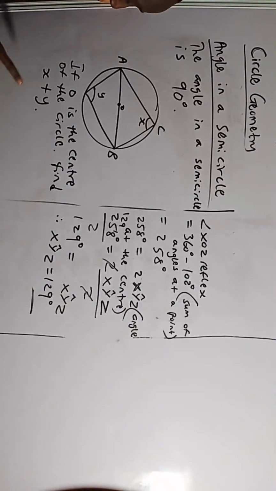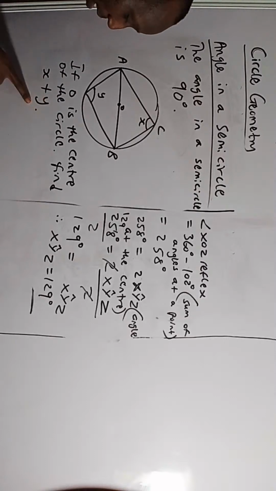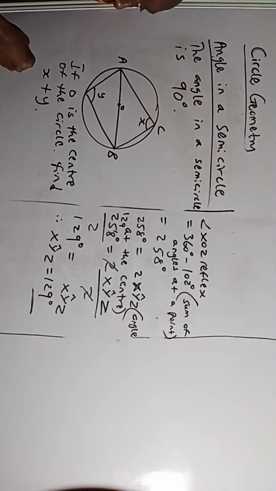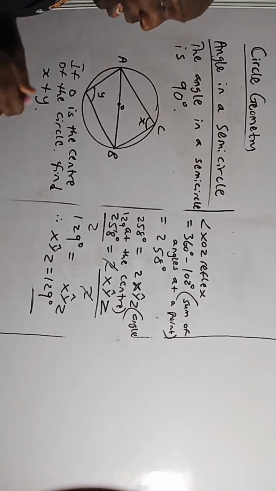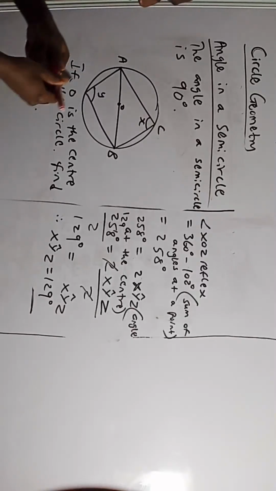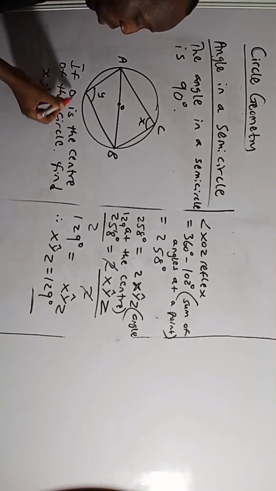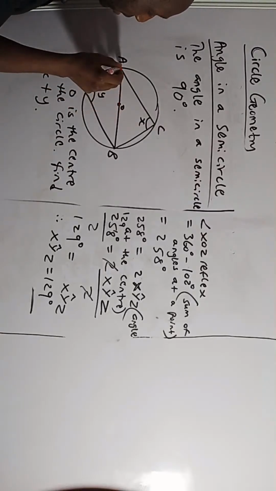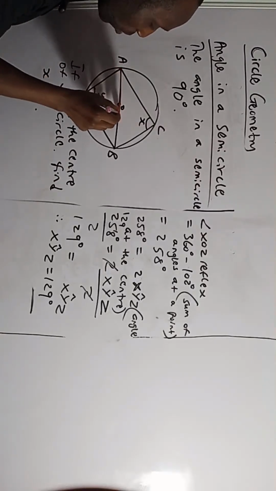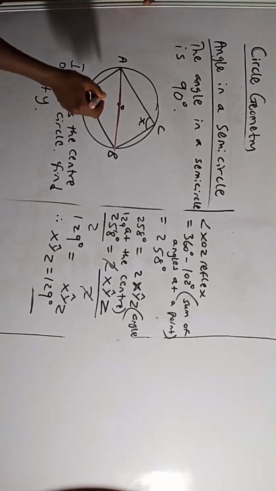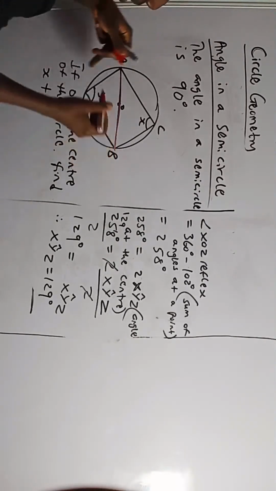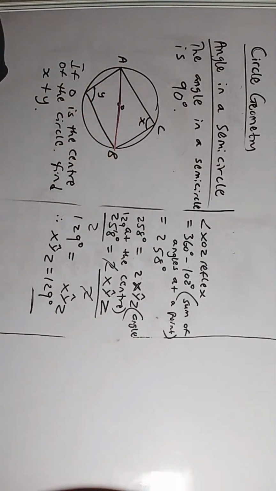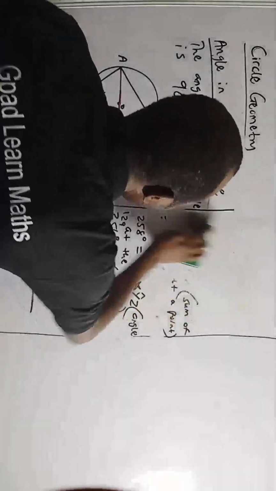So what that means is for us to get angle x and then get angle y, then add the two of them. I just explained angle in a semicircle. They told us that if O is the center, then the line that passes through the center has to be what? The diameter. And from what we know about angle in a semicircle, it is 90 degrees.